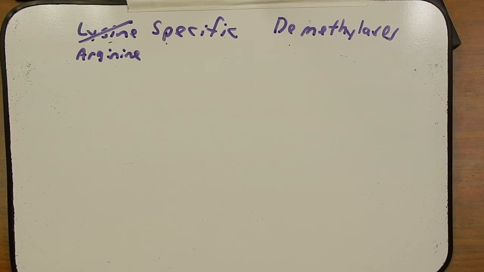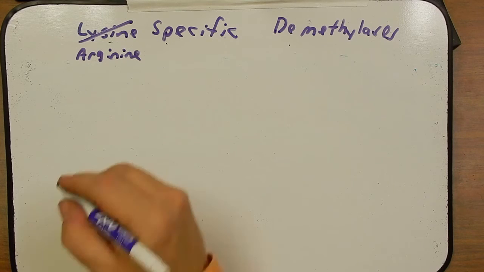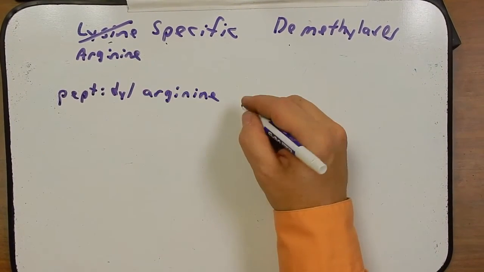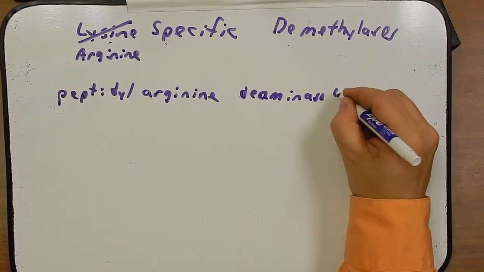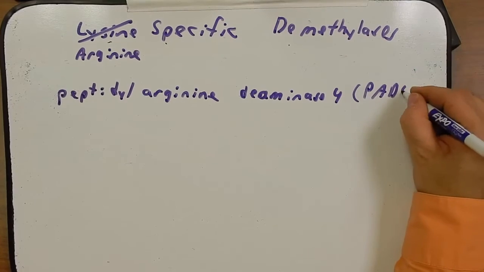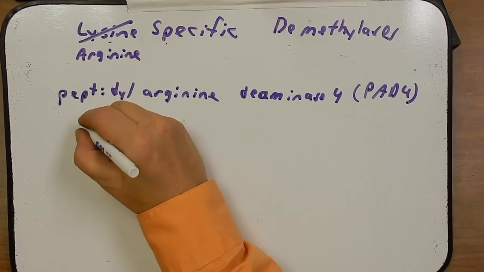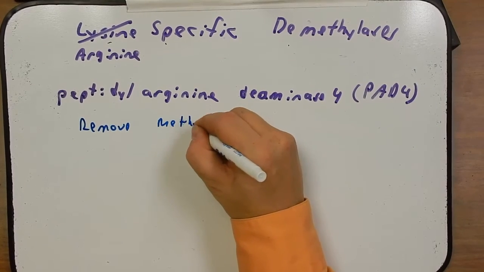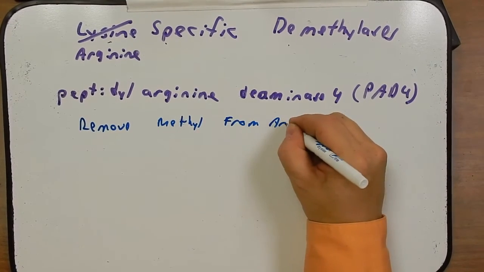I would just want you to know its name, which is peptidyl arginine deaminase 4. Or we'll make life easier and we'll call it PAD4. So its job in a cell is to remove methyl groups from arginines.